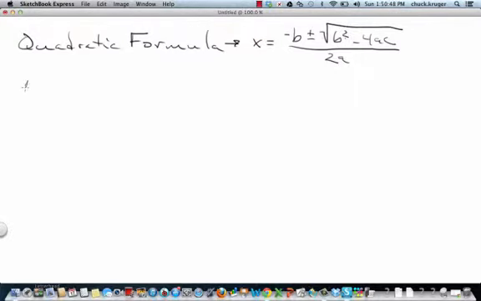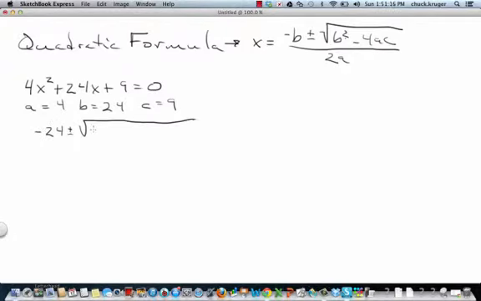And here's my problem: 4x squared plus 24x plus 9 equals, and I'll right away make it 0. So a is 4, b is 24, and c is 9. And so I'm going to get the opposite of b, which is a negative 24 plus or minus the square root of 24 squared, and I think 24 squared is 576.